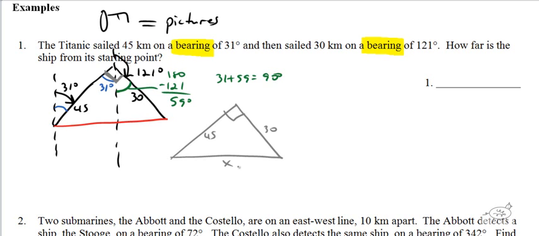So Pythagorean theorem: x squared is equal to 45 squared plus 30 squared. So x is equal to 54.1, and don't forget your units, kilometers, so 54.1 kerfometers. Really pretty easy, but you have to prove to me these are right triangles. All right, let's keep going.